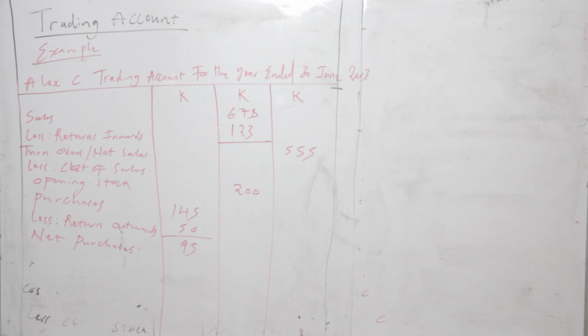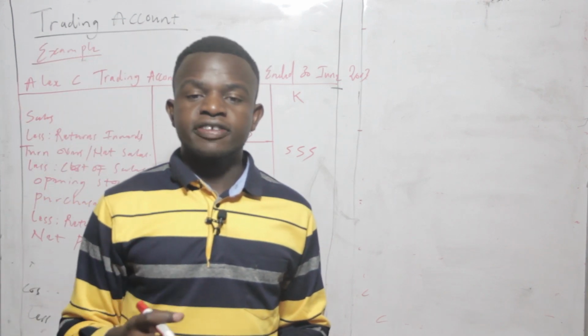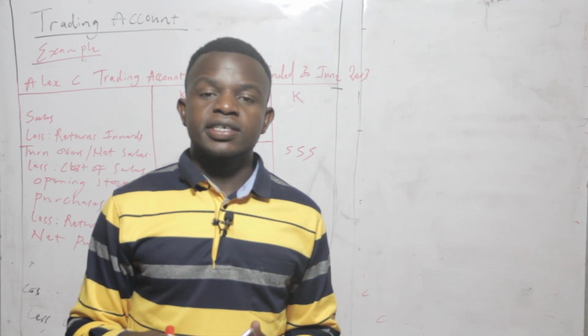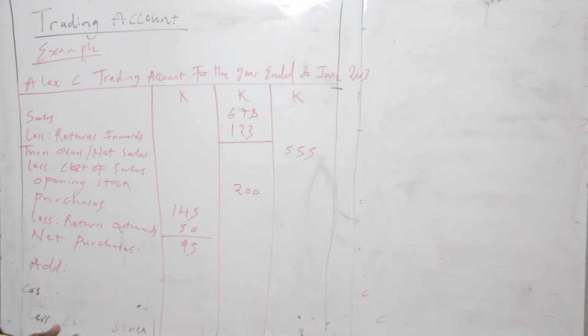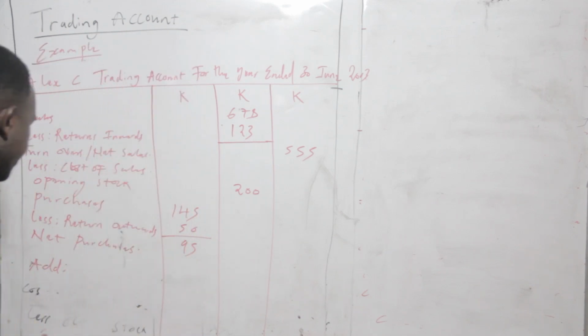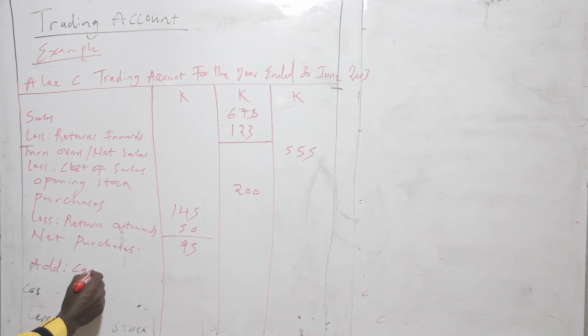And since we have calculated our net purchases, now we are supposed to identify the direct expenses. Examples of direct expenses are carriage inwards and wages. Since in our question we only have carriage inwards, that means that we're going to add carriage inwards. We don't have wages.